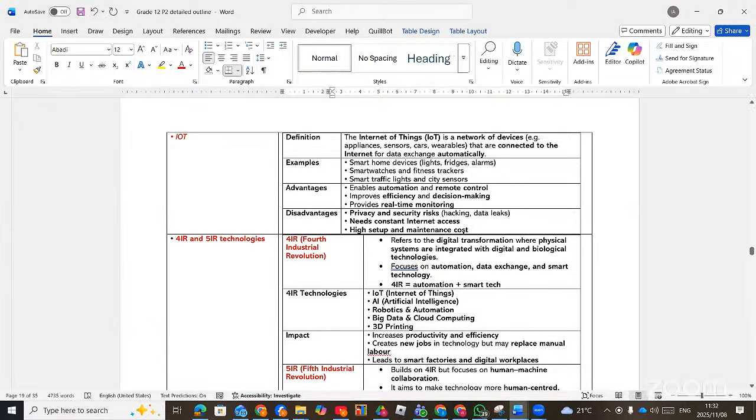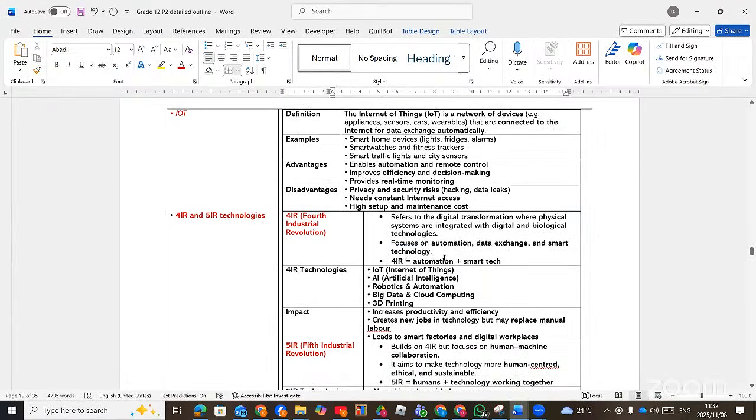The definition is the digitization or digital transformation where physical systems are integrated with digital and biological technologies. Or you can just say it's a combination of IoT, AI, robots, and others put together. So you can give a short definition. Right. So 4IR is automation with smart technologies put together.